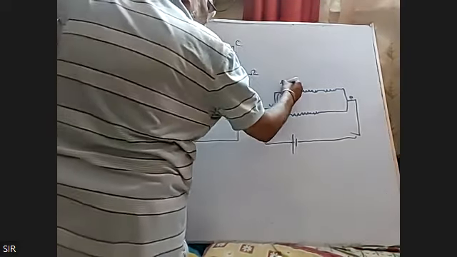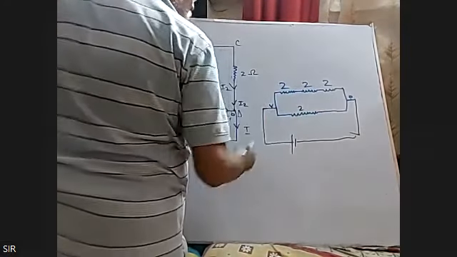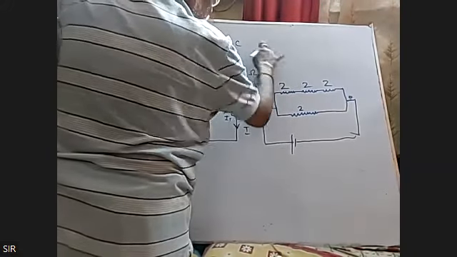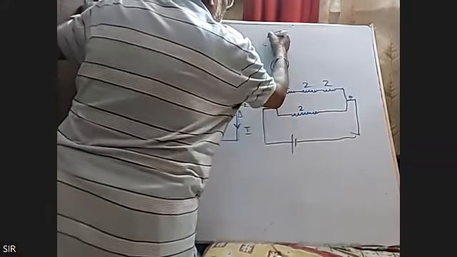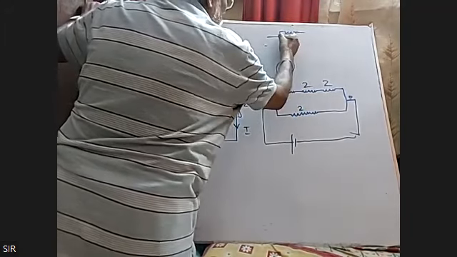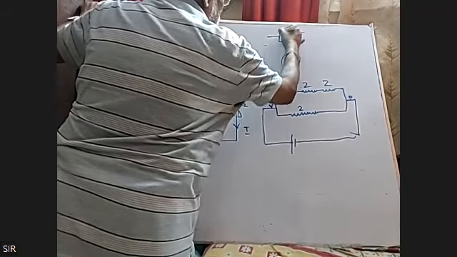Yes, sir. 2, 2, 2, so RS becomes 6 ohms. That means 6 ohms, sorry, 6. Yeah, we can draw again. It is 6 and 2, right?